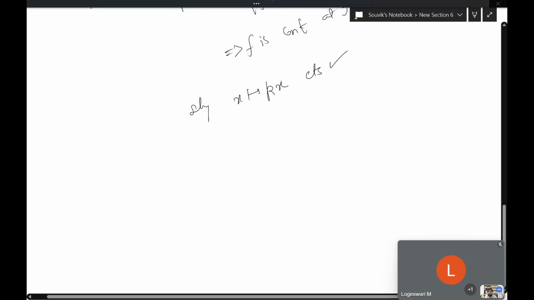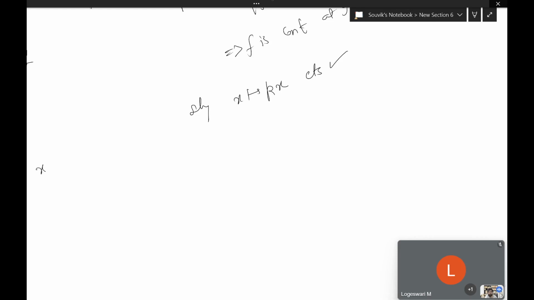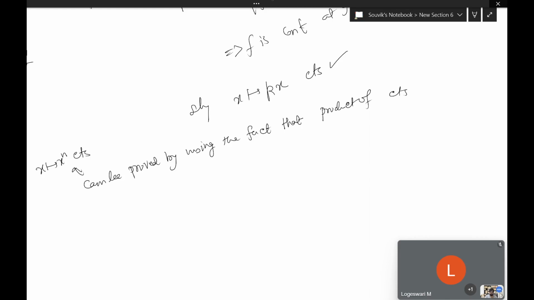So similarly, as a fact, we can even show that the map x goes to x to the power n is continuous, and this can be proved by using the fact that products of continuous functions are continuous.